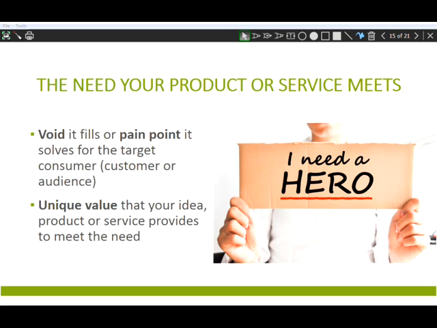Okay, and then let's pretty quickly before we move on, tell me what unique value do you bring? So that's kind of a separate question, not just what void do you fill, but what unique value do your product, service, or idea bring to the market? Okay, so I think a number of folks were already starting to give that for us.